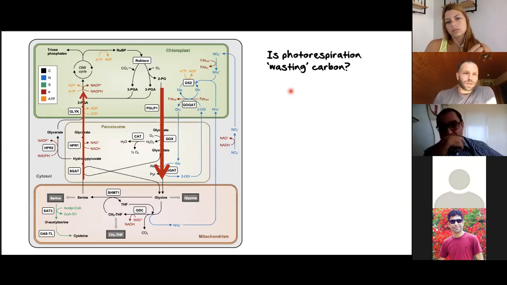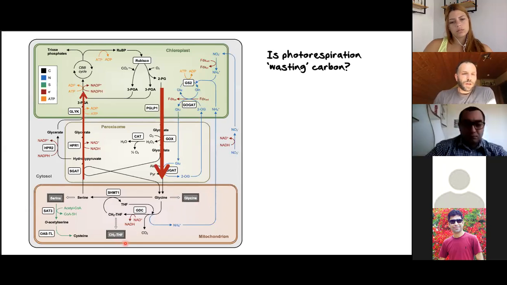And my take on it is, if you look at the flux of carbon coming down on this side here, and compare that to the flux of carbon going up the other way, if this flux here is much bigger than that flux here, then really the plant is not losing or wasting any carbon, because all that carbon ends up in glycine and serine and THF that the plant can actually use, and would have to make through other means otherwise.